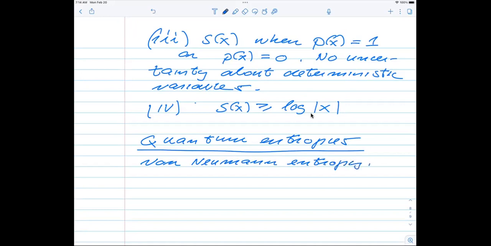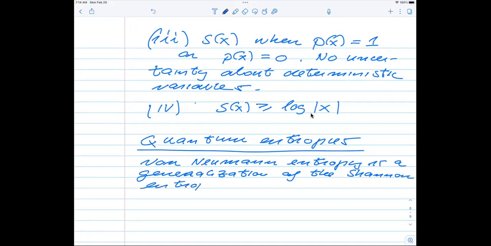This von Neumann entropy, which we will also just call the quantum entropy, is a generalization of the Shannon entropy, the classical one, to quantum systems.